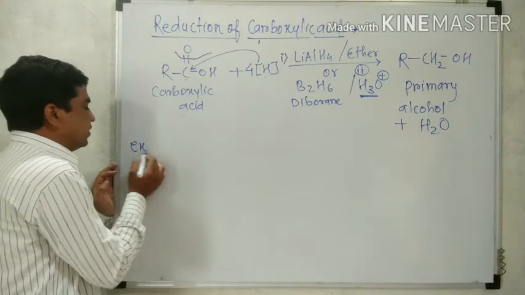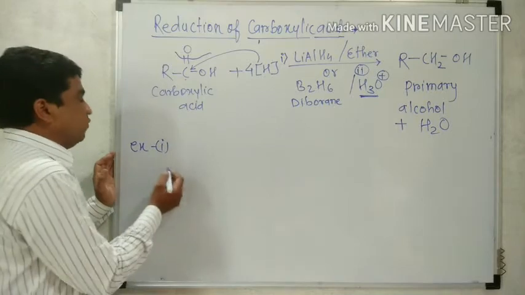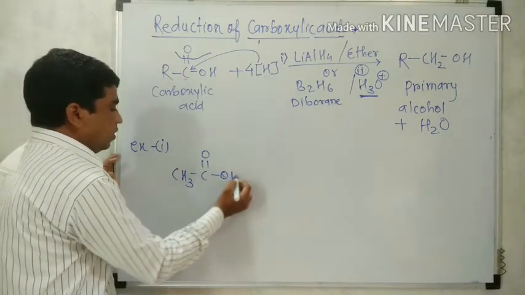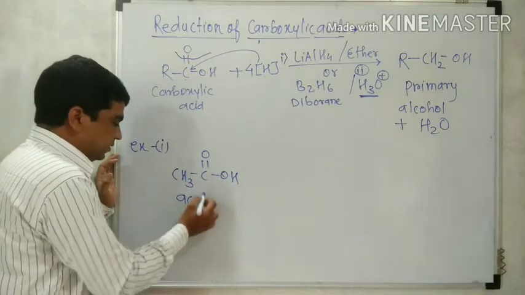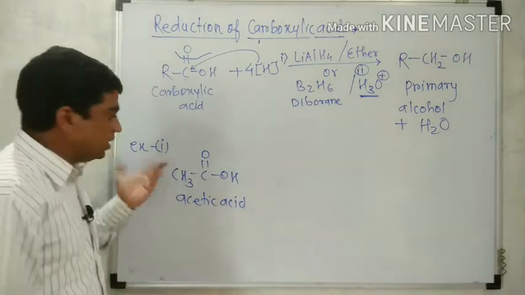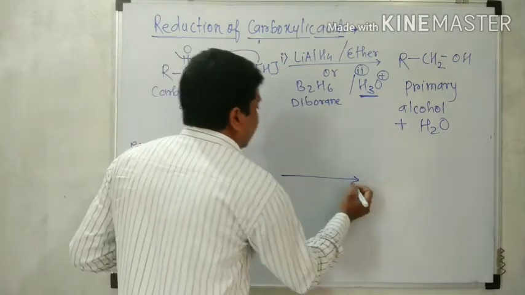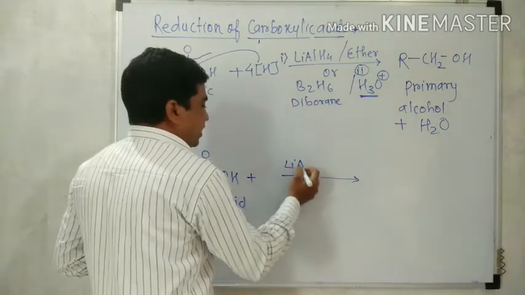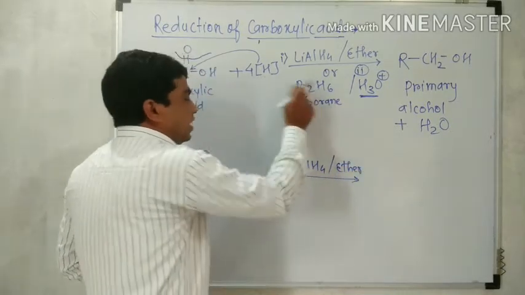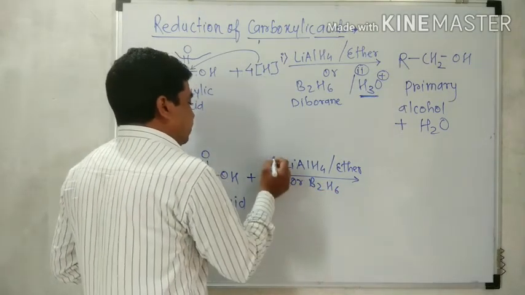Now we are going to discuss an example of that process. If we take CH3COOH, acetic acid, or ethanoic acid in the IUPAC system, when reacted with LiAlH4 in the solvent ether, that is our first condition.